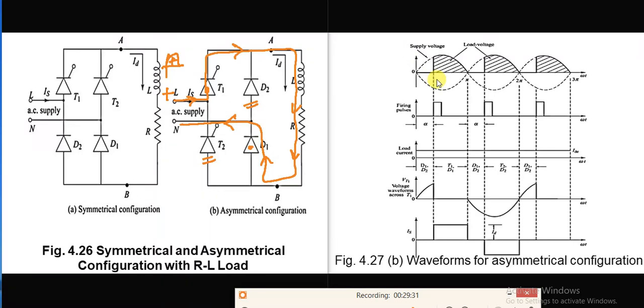So as soon as SCR T1 is triggered, after the firing angle alpha, we will obtain the output voltage and we will obtain the load current.